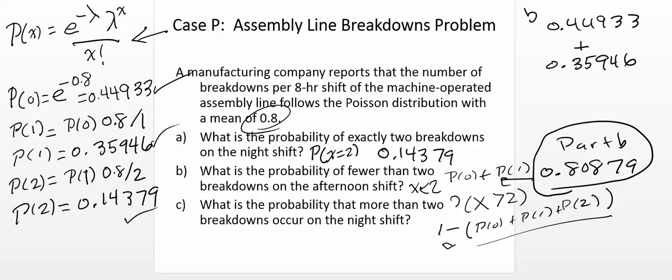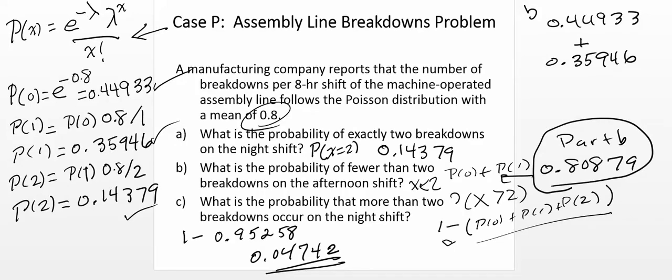The sum is 0.95258, and when I subtract that from 1, I get an answer of 0.04742, and that's the answer for part C. So that's the end of this case.